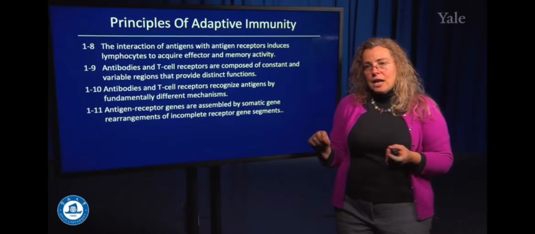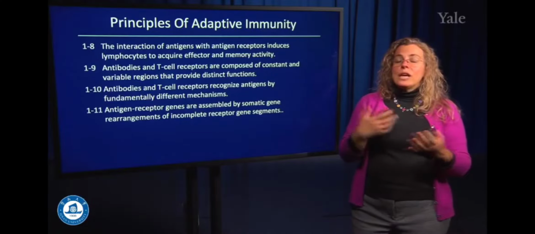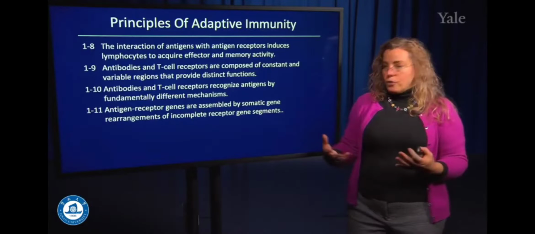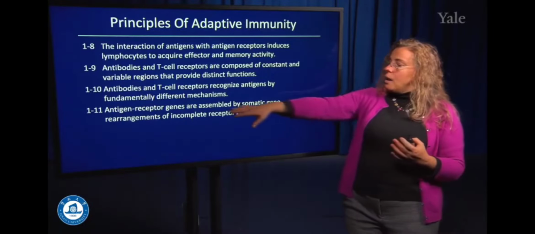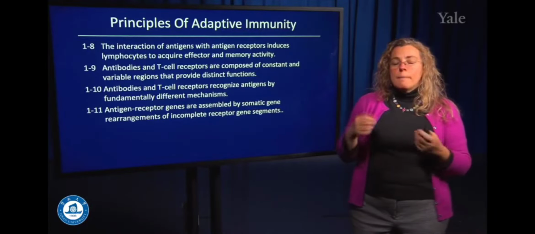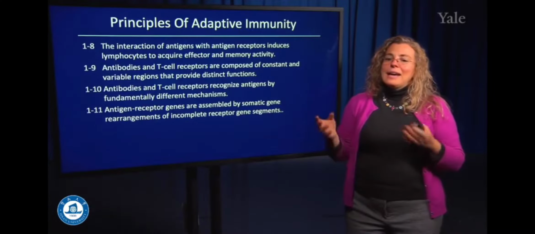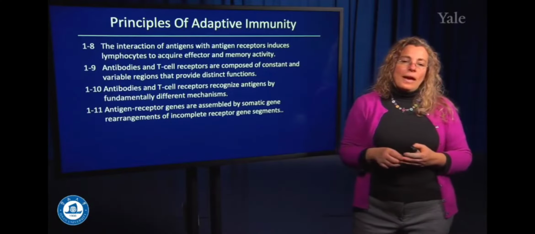And our body has a very elegant way of creating all of this diversity, and that comes from the genes that are going to be recombined in multiple different ways to give you that diversity. And again, you'll learn a lot more about that in coming lectures.